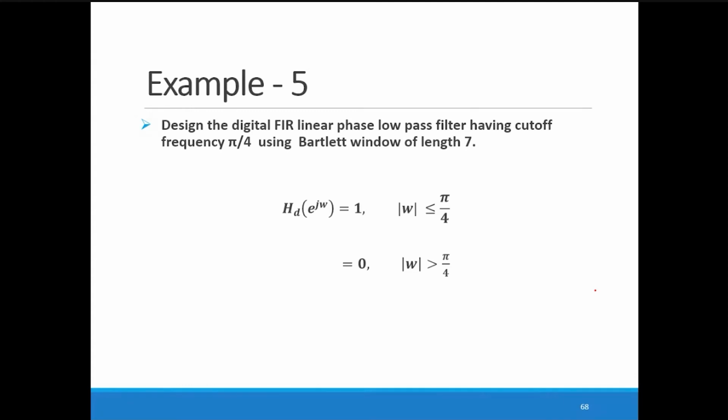Here H_d(e^jomega) is equal to 1 for the modulus of omega less than or equal to pi by 4, and when omega is greater than pi by 4 the values are 0. Try to solve this using the Bartlett window and let me know what h(n) you are getting.